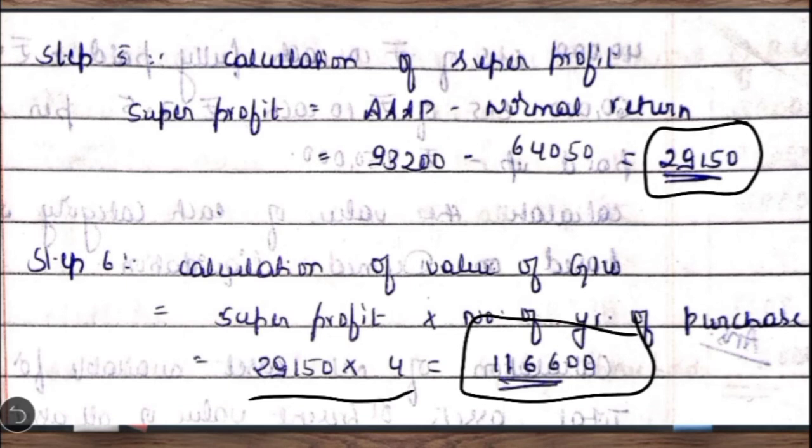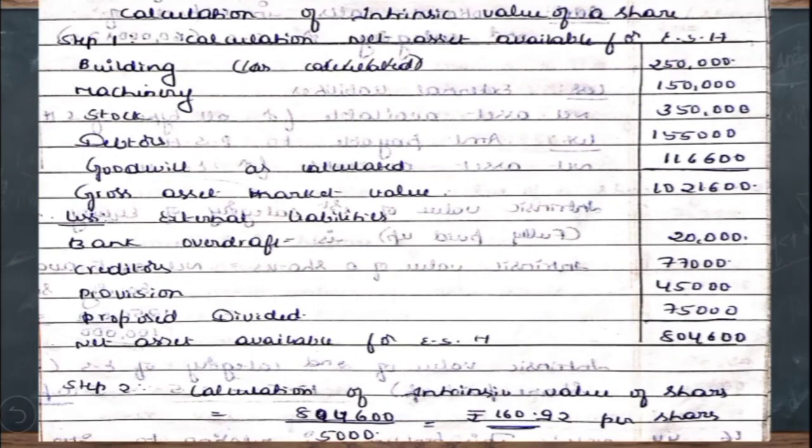Now the main calculation is to value the share on the basis of intrinsic value. So the first step is we are going to calculate the net asset available for equity shareholders. Here, as usual, we are going to write the present values of various assets, just like how we considered in the capital employed, same way. Buildings, machinery, stock, debtors, but along with these 4 assets we also have to write the goodwill as calculated, 1,16,600.